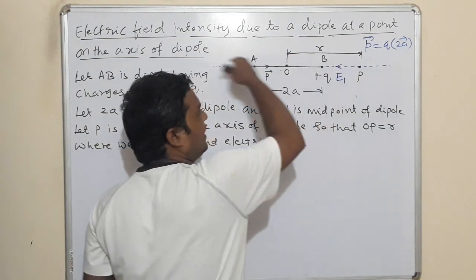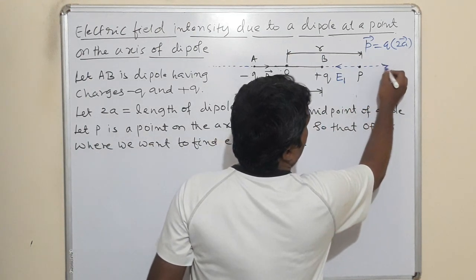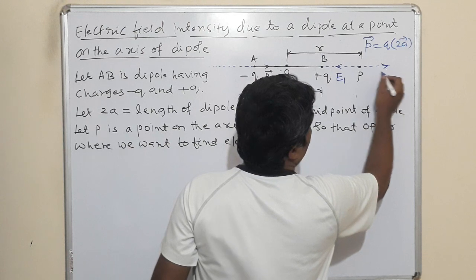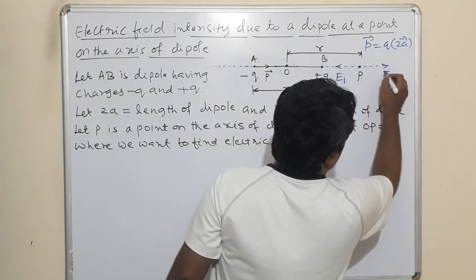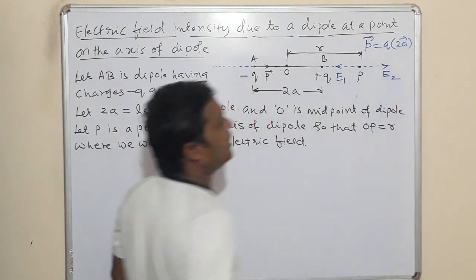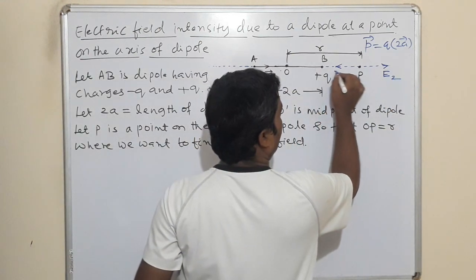Therefore, electric field is towards the charge. Then electric field due to this positive charge will be away from this point, which we call E2. The two electric fields are in opposite directions.